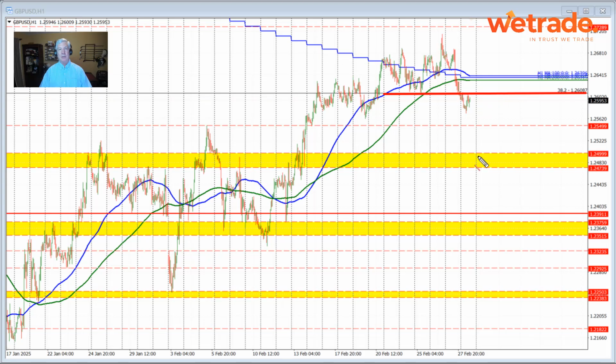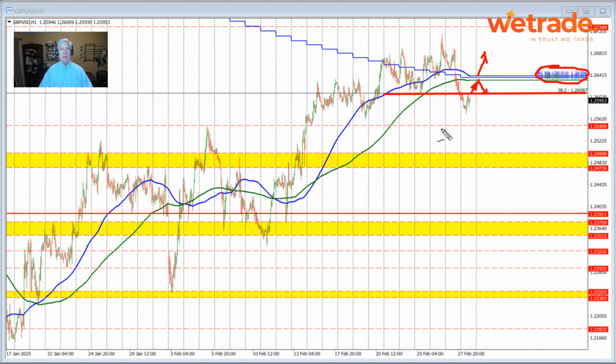Now moving back up to it, so we need to get above the 1.26087, and then we're going to have this cluster of moving averages defined by the 100-hour moving average, 200-hour moving average, and 100-day moving average, all converging together. That's going to be a key level, a key barometer for traders today. Get above that level, it's more bullish. Stay below it, it's more bearish, but that's assuming that we get above the 38.2% retracement.